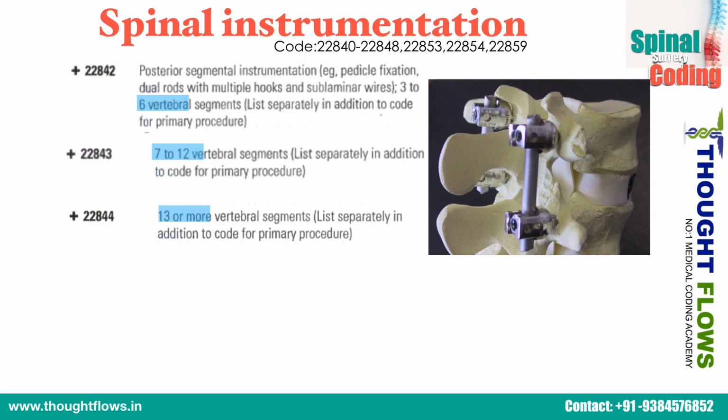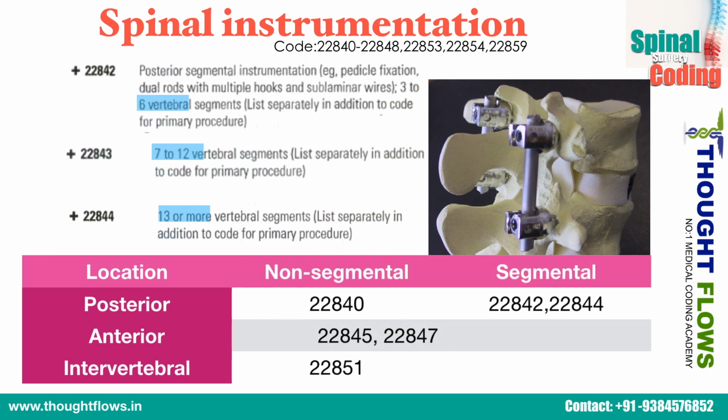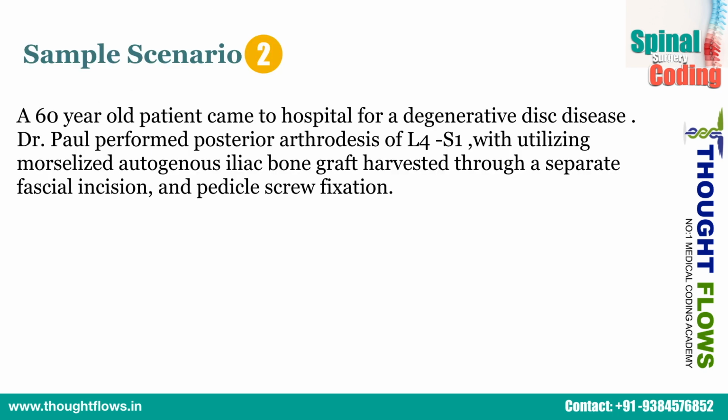While coding, just check the type of approach, like posterior, anterior or intervertebral, and whether it is segmental or non-segmental instrumentation. And do not append the 62 modifier, 50 modifier and 51 modifier with these codes. We'll see the scenario now.